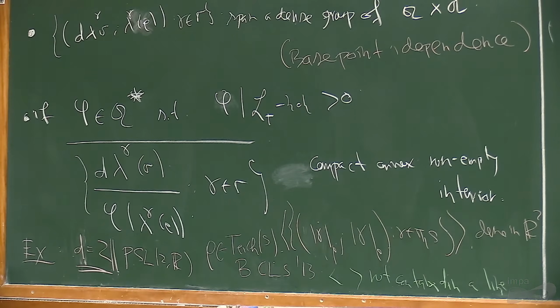So the result I stated for SLD, you can generalize to other semi-simple Lie groups. You got to be a bit careful, especially for the second parts. But for SLD, this is correct, everything that I wrote.